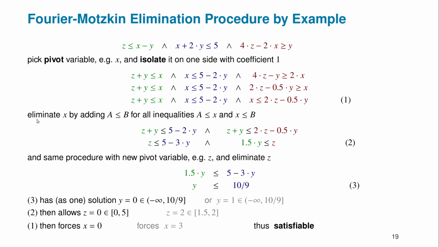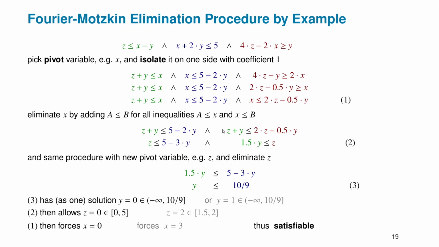And now we eliminate the x by adding new inequalities for the following. So if we have a is smaller or equal to x and x is smaller or equal to b, then we add the inequality a is smaller or equal to b.